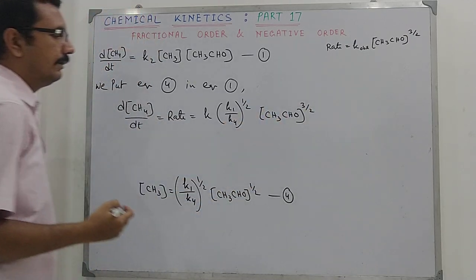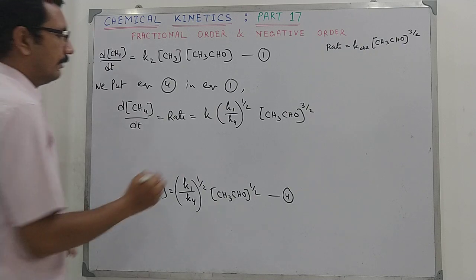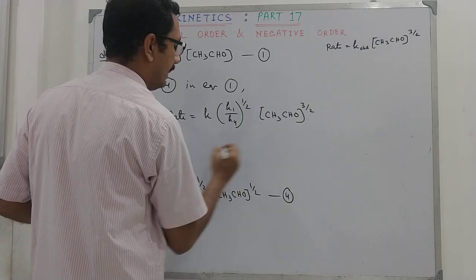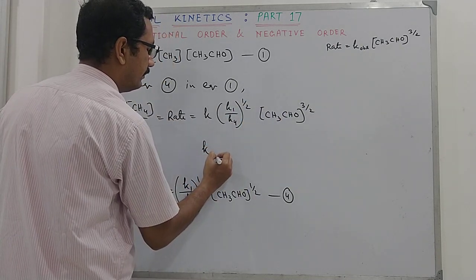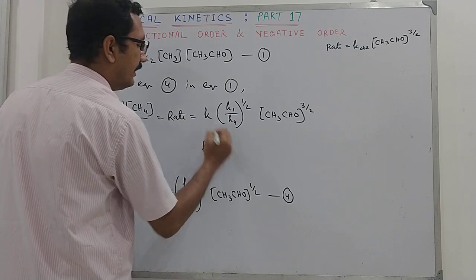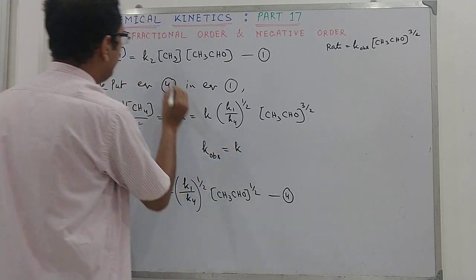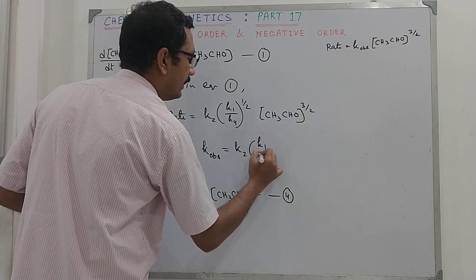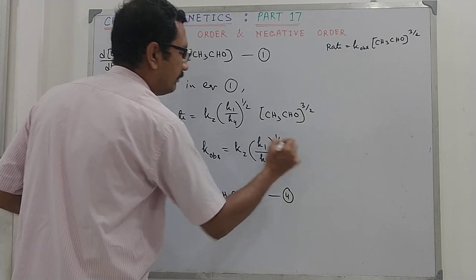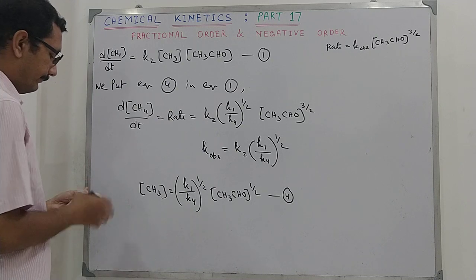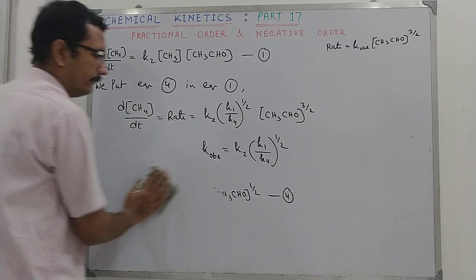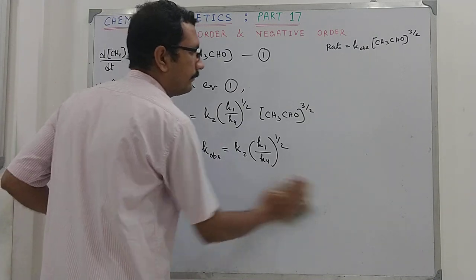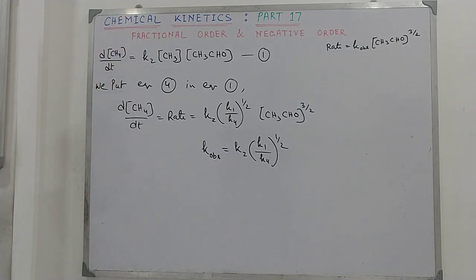So we have the fractional order. Now comparing these two relations, we have the K observed, that is the experimentally obtained rate constant, to be K2 into K1 by K4 to the power half. So this is an example of the fractional order reaction.